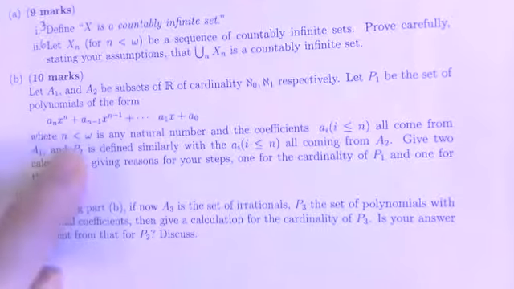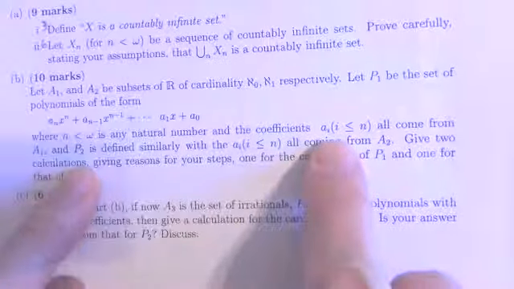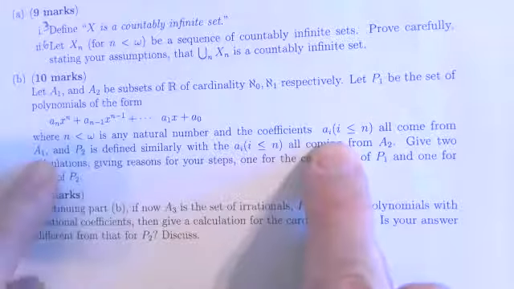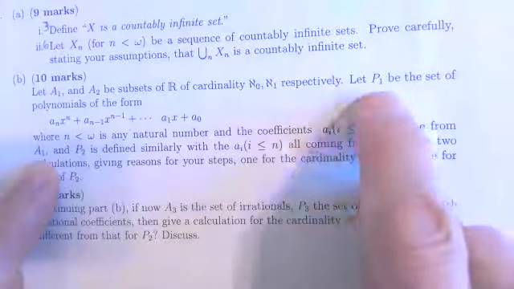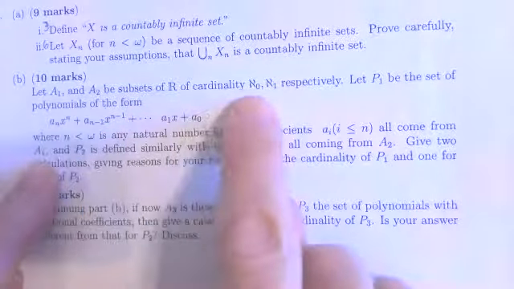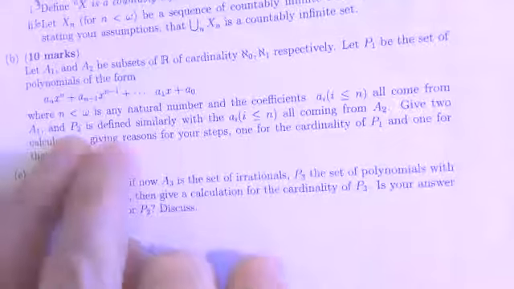It's got degree n, some finite n here, and the coefficients are all coming from A1. So the polynomials in P1 all have coefficients from A1, this countable set. And P2 is defined similarly, but the coefficients all come from this set A2, which has got size Aleph 1. And you're being asked to say, what is the cardinality of these sets of polynomials, P1 and P2?